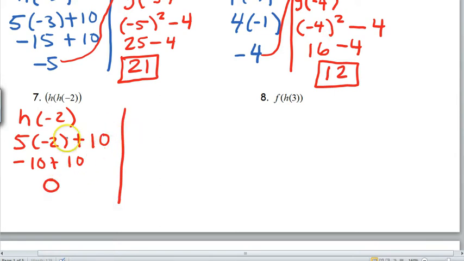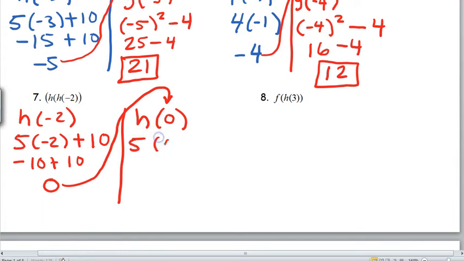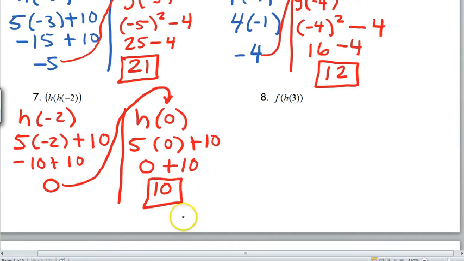Then I take that 0 and I plug it into the outer function, which happens to be h again. So now I'm going to do h at 0. That's 5 times 0 plus 10, so 0 plus 10, which is just 10. So the final answer, number 7, would be 10.